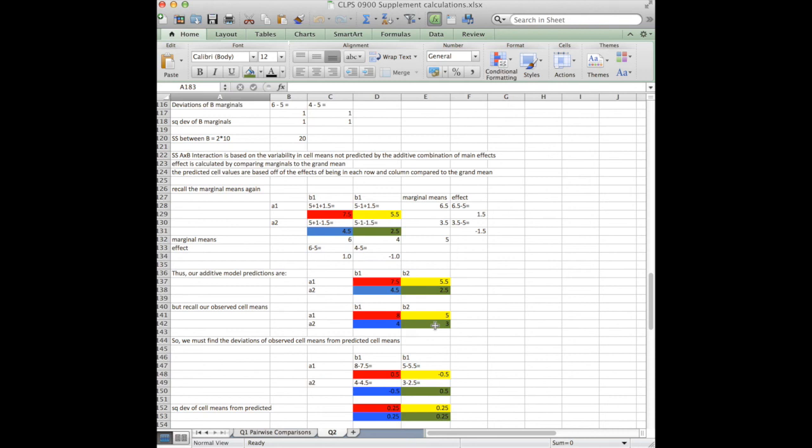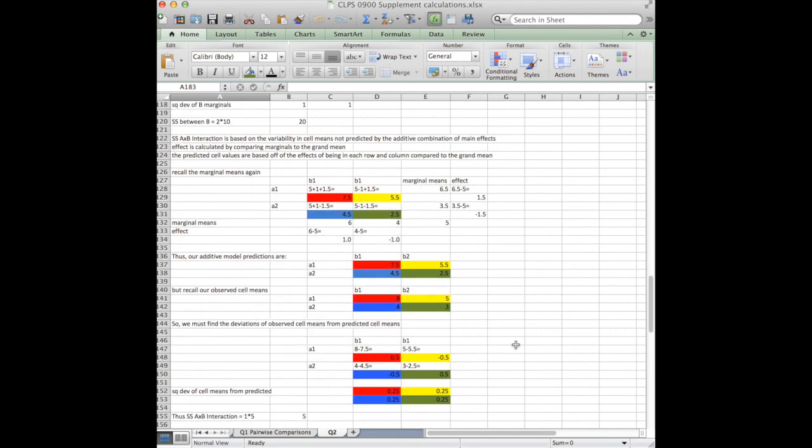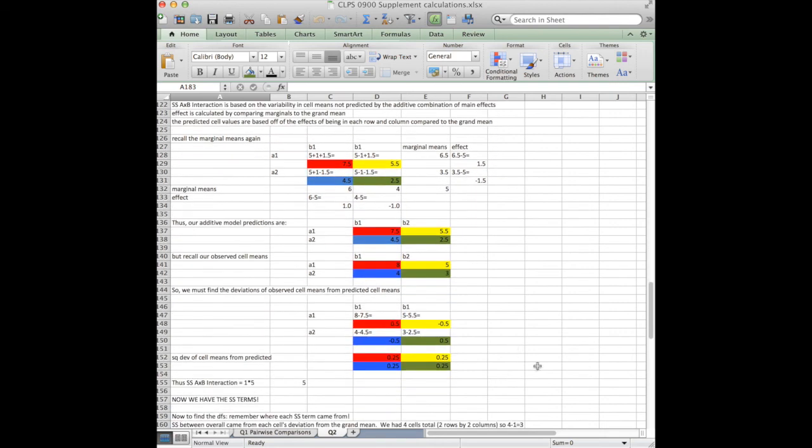The next thing we have to do is find the deviations of the observed cell means from the predicted cell means. Observed 8 minus the predicted 7.5 gives you 0.5. Observed value of 4 minus a predicted value of 4.5 gives you negative 0.5.